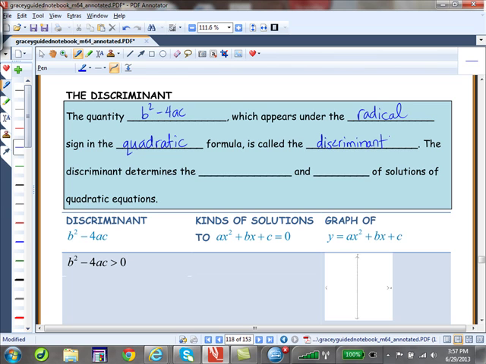The discriminant determines the number and type of solutions of quadratic equations.